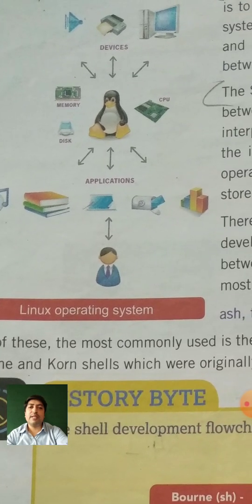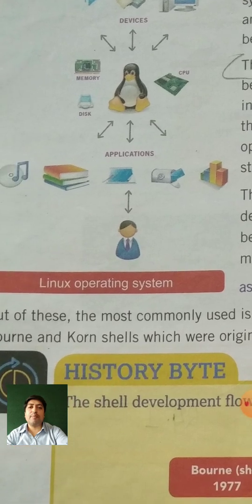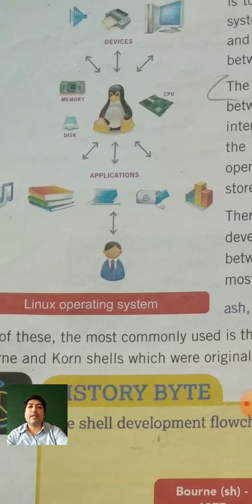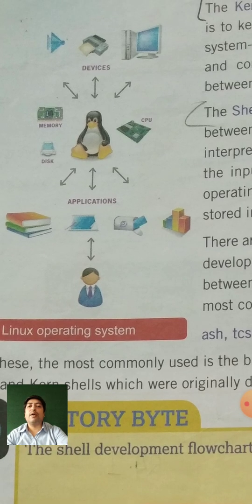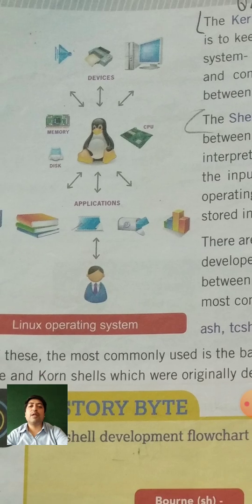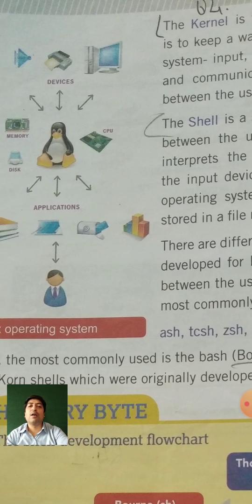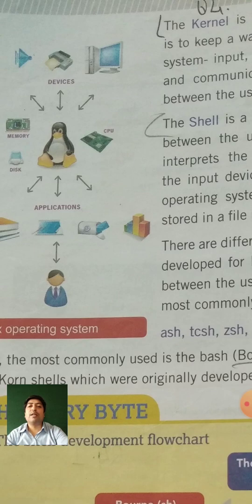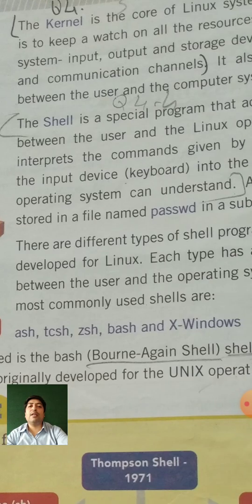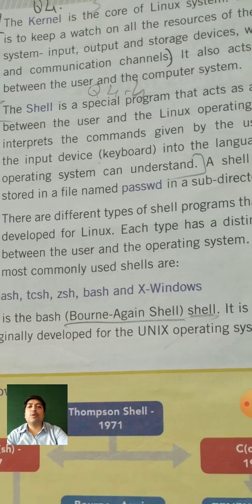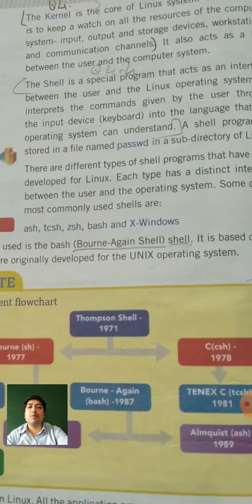You can use different applications like music, text and so on. Also, through the application, the hardware parts like CPU, disk, memory, and devices can take part in that system through the kernel. You can see the kernel in the middle stage. In our textbook we can see the definition and description of the kernel.